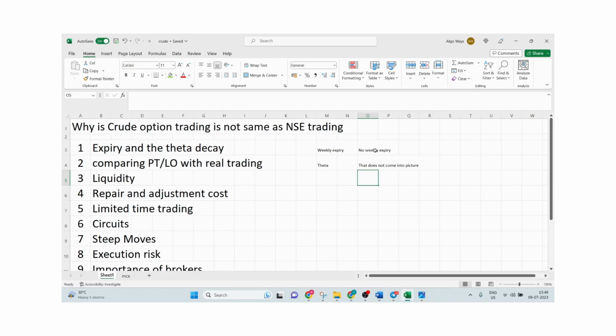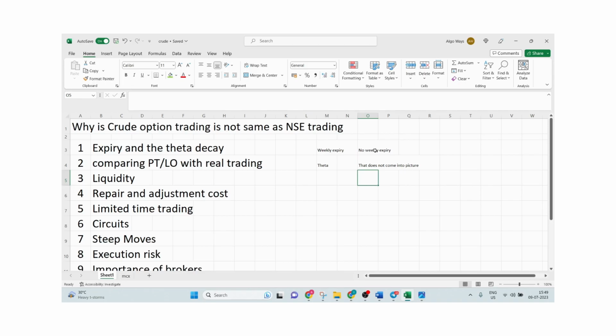So this is the major difference, that we cannot just replicate the NSE logics and NSE concepts, which may have n number of repairs. If we try to do the same thing here, in doing those 10 repairs, we will have our strategy stop loss hit.